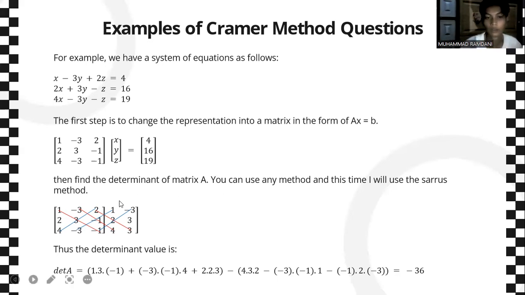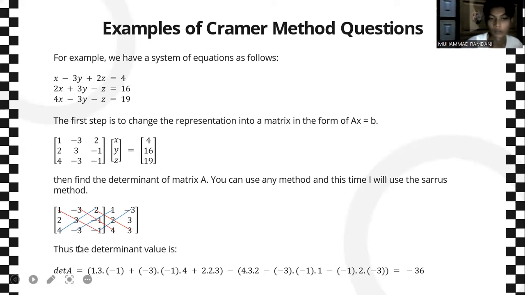In the Sarrus method, we add more elements on the right here. These are taken from the first column and second column. So for example here 1, minus 3, 2, 3, and minus 3, and 4. To find the determinant, we can multiply the diagonals.